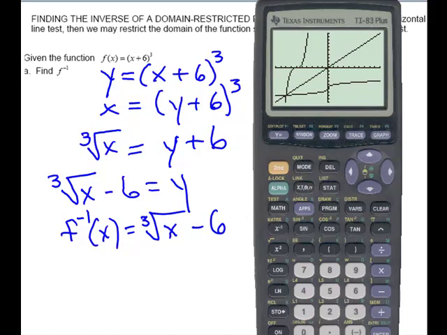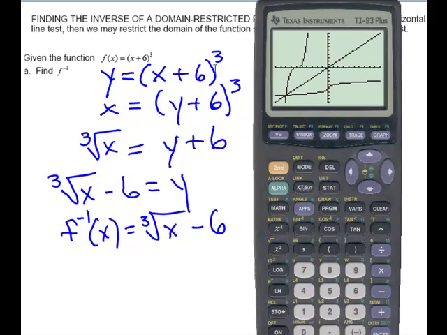So there is no restriction on the range. So there's no restriction at all on the domain or range of the inverse function, just as there wasn't on the original function.